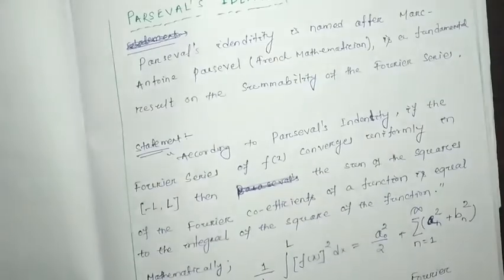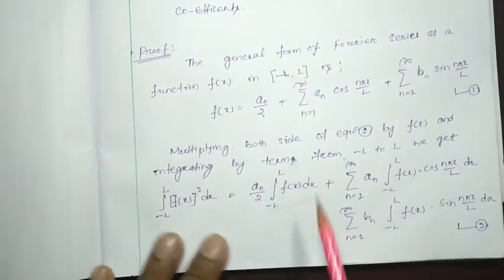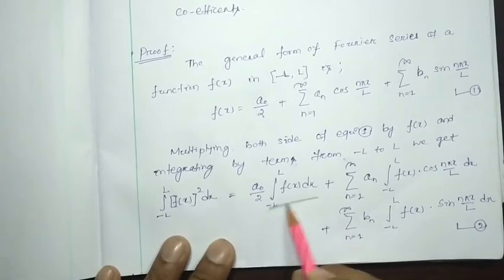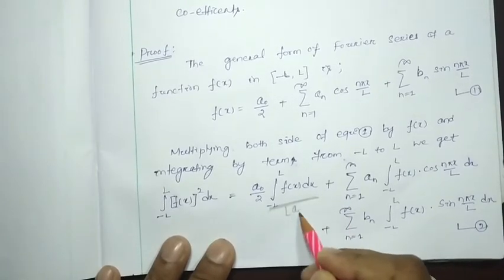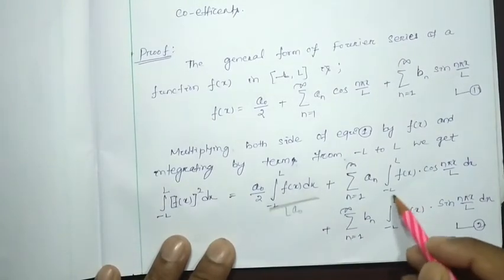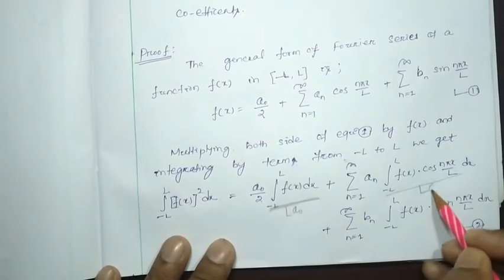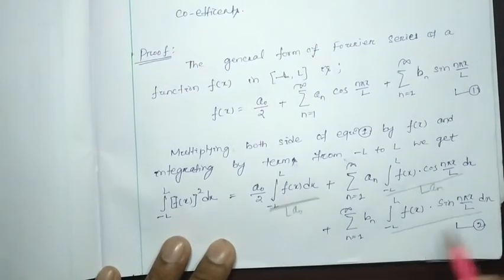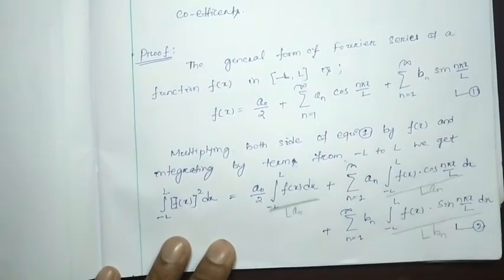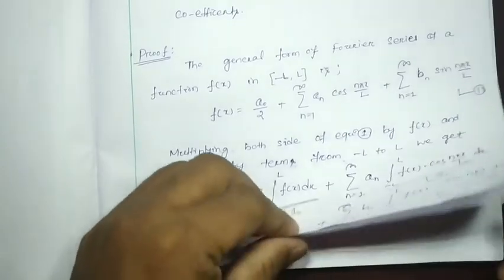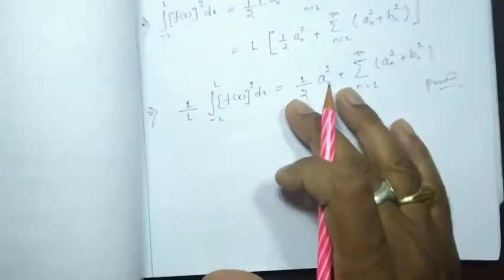So here in equation number 2, this will be considered as L a0, this is nothing but L an, and this will be nothing but L bn. So hence equation number 2 will be this one.